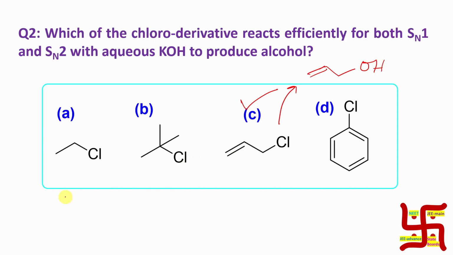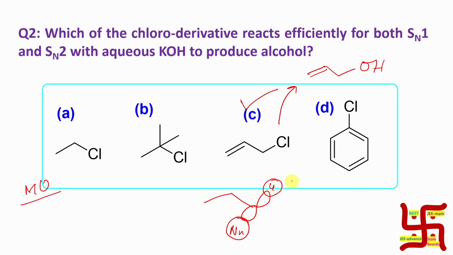By the way, students, I want to give one additional explanation about this molecule, which is the MO explanation. We know in the SN2 reaction, the transition state has a p orbital. You can say it's a trigonal bipyramidal transition state, TBP, where one lobe of the p orbital is attached to the chlorine leaving group and the other lobe is attached to the nucleophile, in this case the hydroxyl anion, OH minus.